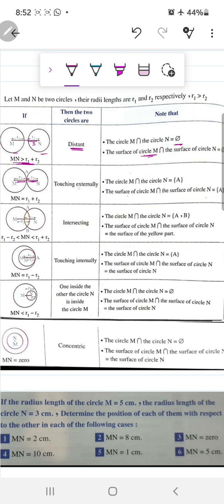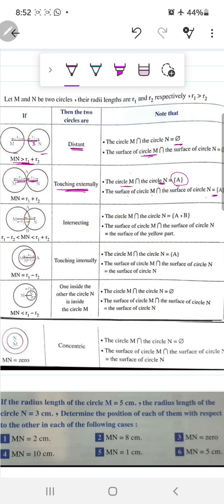So the second case is called touching externally. It means the intersection between the two circles is one point. Here the circle M intersection circle N, as we said, is point A. And also the surface of the circle M intersection the surface of the circle N is also point A.